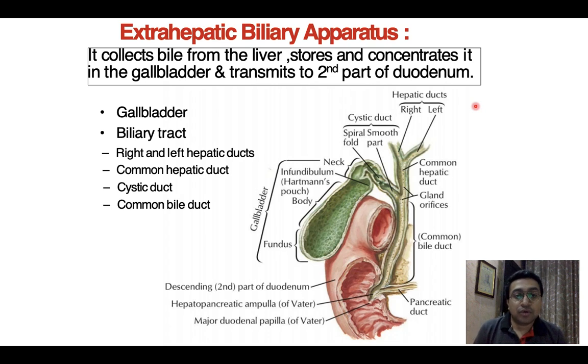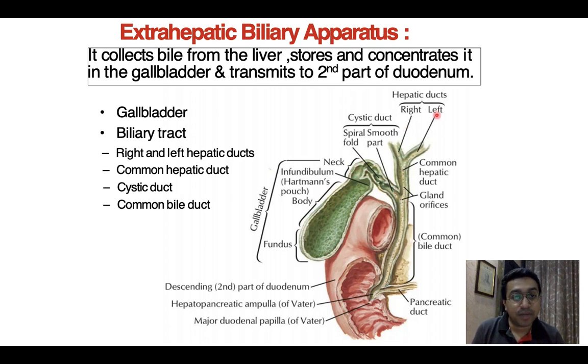Broadly, this apparatus comprises the gallbladder and the biliary tract. The biliary tract further consists of the right and left hepatic ducts, the common hepatic duct, cystic duct, and the common bile duct.